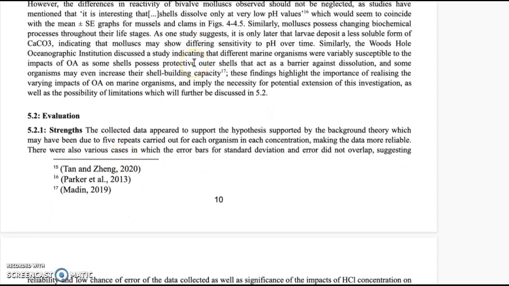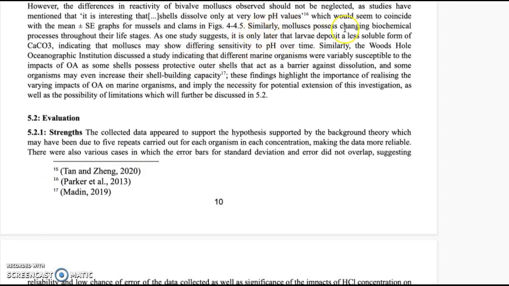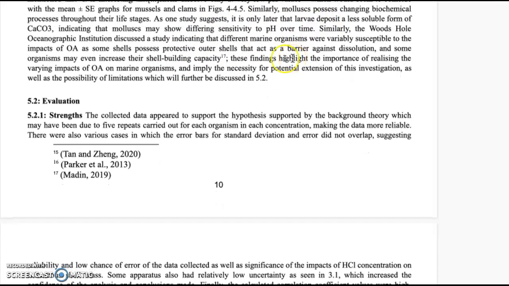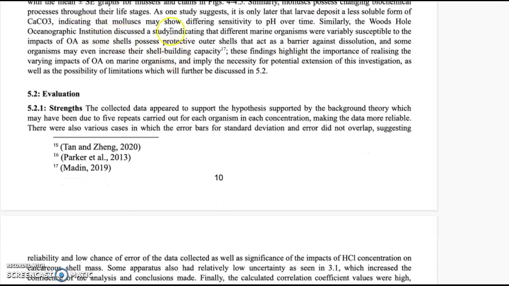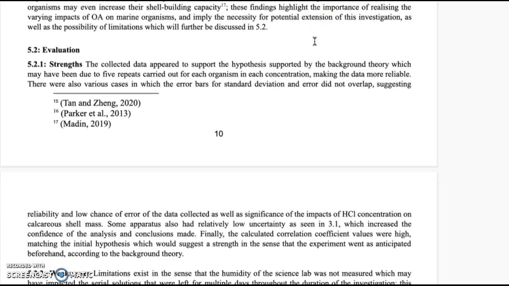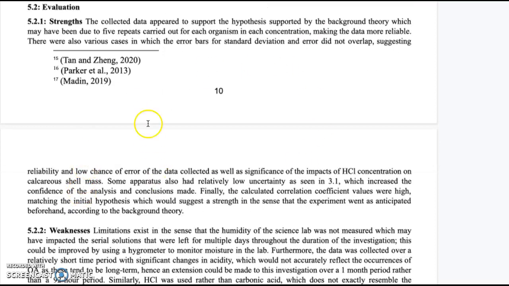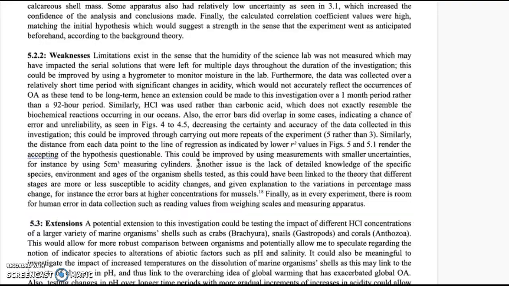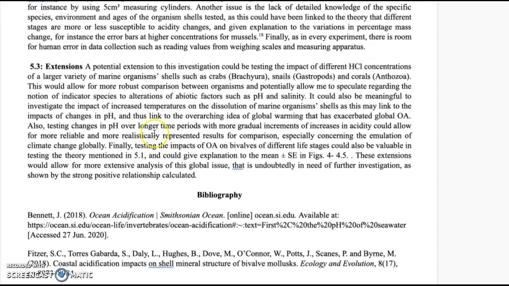Then I noticed another study that relates, saying how this could change over time. These institutions say different marine organisms are variably susceptible to ocean acidification, so this is why this is important, and I could potentially extend this investigation. Then I'm doing all my strengths, the weaknesses of my investigation, and extensions.